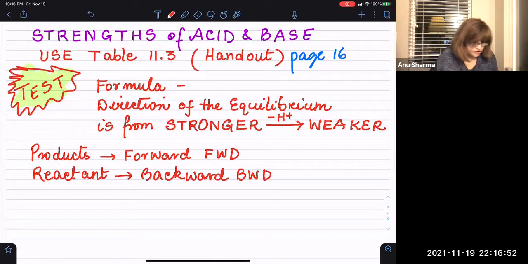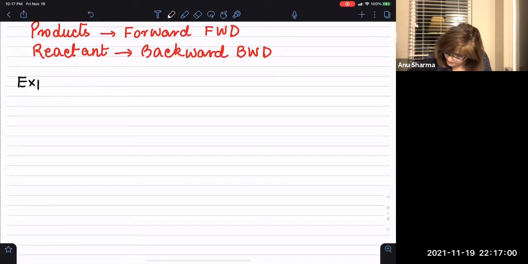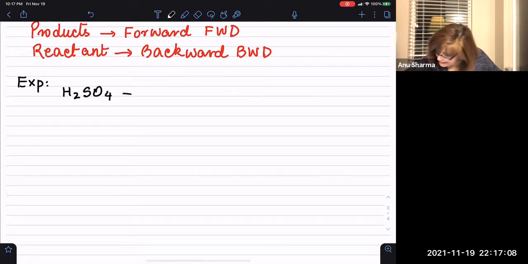Okay, so now let's look at some examples of how to do this. You have H2SO4 aqueous, and it is reacting with water, a liquid.